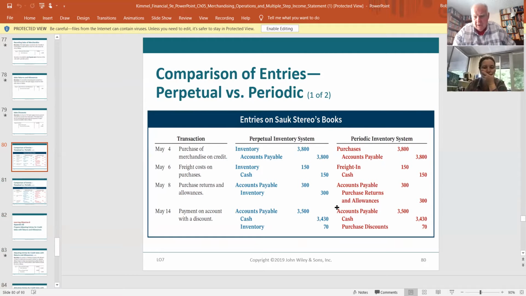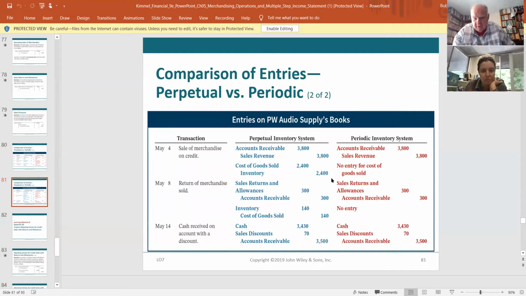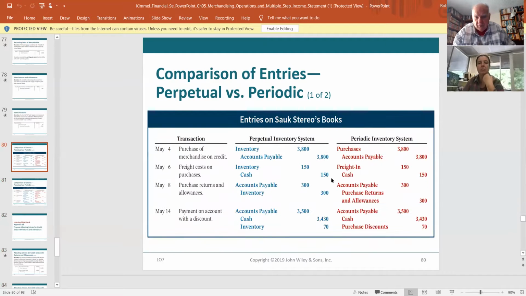You notice under the periodic, we buy purchases. Purchases are a cost. Under the periodic, we don't call it inventory. We call them purchases. Under perpetual, inventory. So wherever you have the word purchases in the periodic, it's going to become inventory if it's perpetual, okay? So that might be a hint to start studying. Under perpetual, everything is going to get put into the inventory directly.